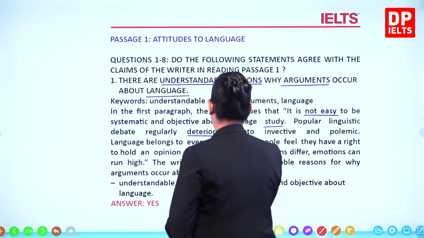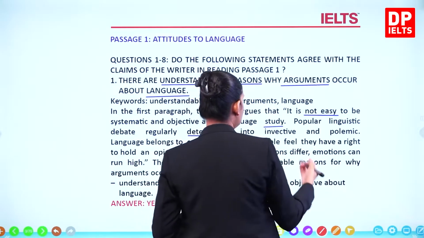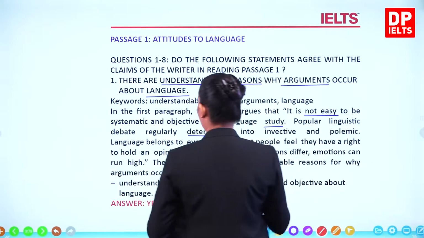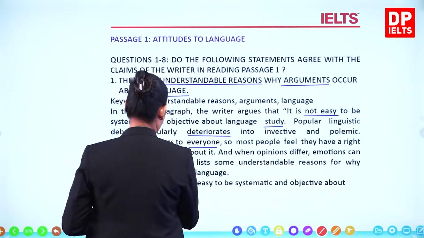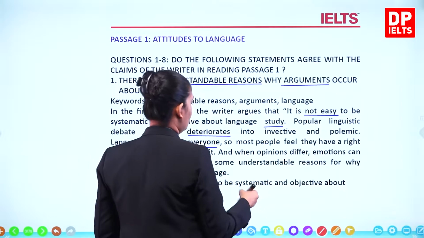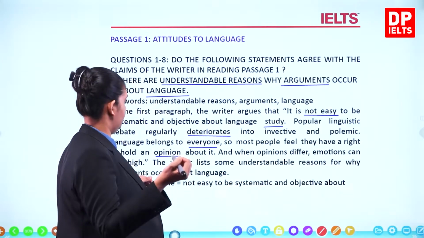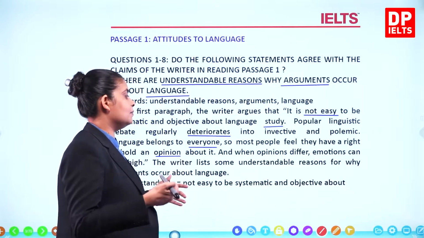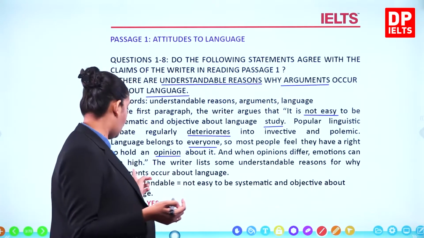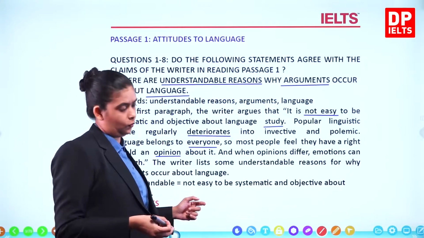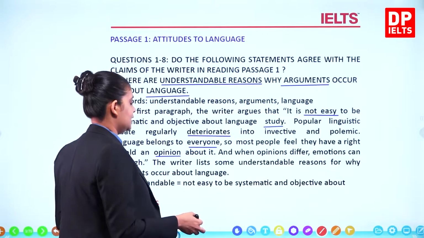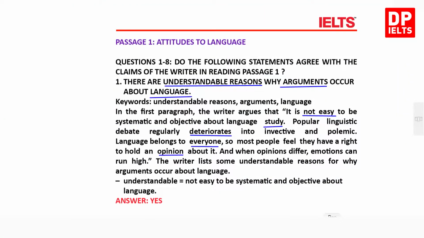Language belongs to everyone, so most people feel they have a right to hold an opinion about it. And when opinions differ, emotions can run high. So the writer lists some understandable reasons for why the arguments occur about language. So yes, I think he does, and the answer would definitely be yes.